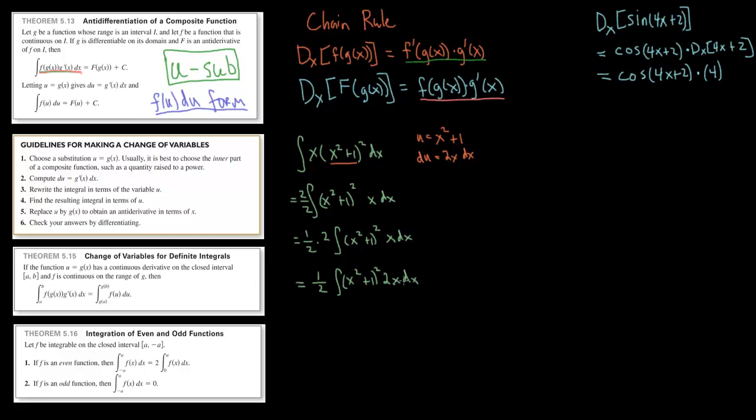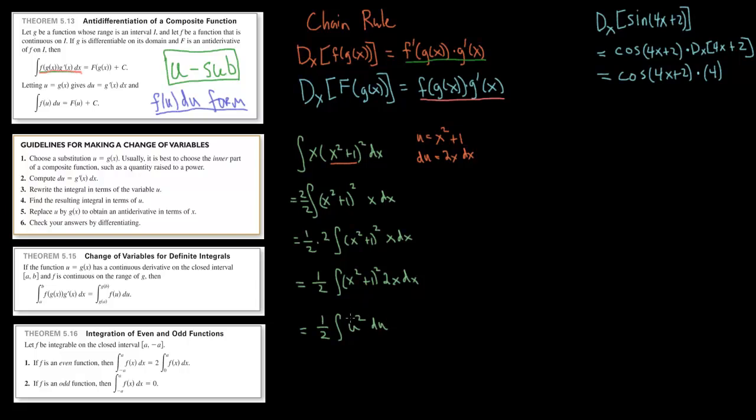And we know that, how could we reverse that process? Well, if you really want to make this complete substitution, we could say this is 1/2 times, x squared plus 1, we call that u. So it's u squared. Now what's 2x dx? That's du.